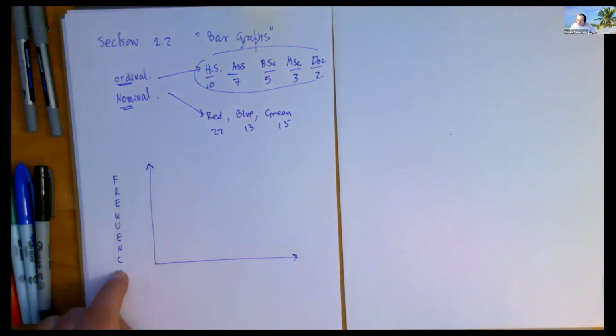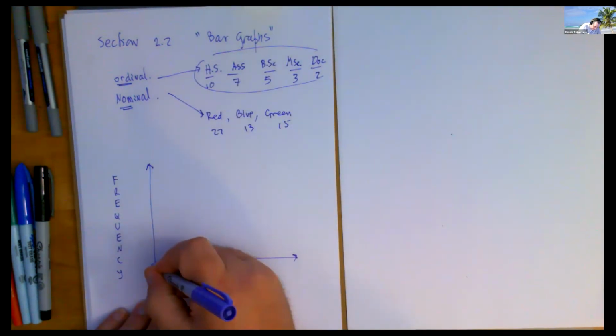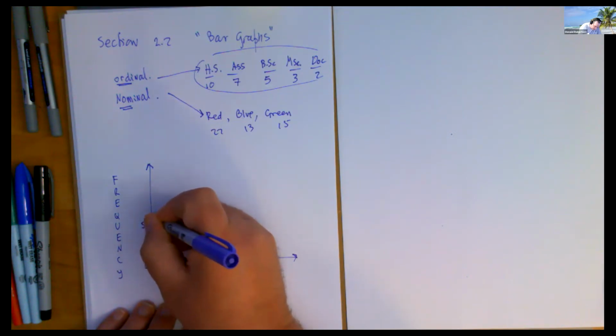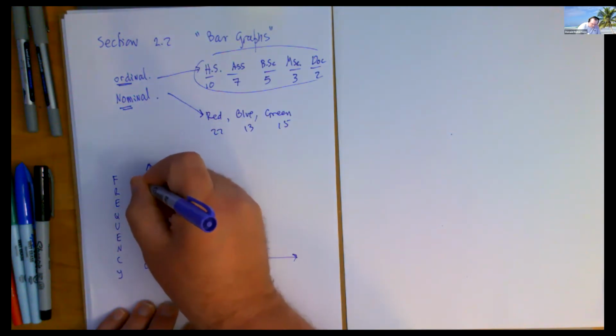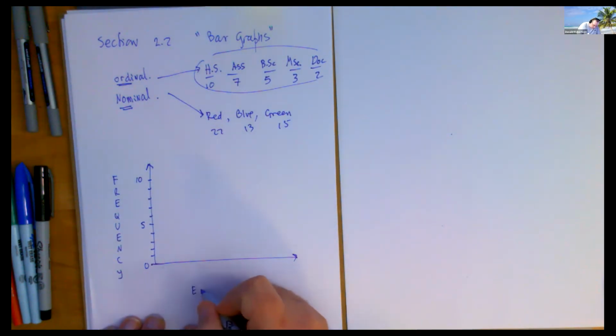Vertical is your frequency. If I'm doing this data, the biggest number is 10, so I'd probably go 0, 1, 2, 3, 4, 5, 6, 7, 8, 9, 10. And along the horizontal, you put a label.